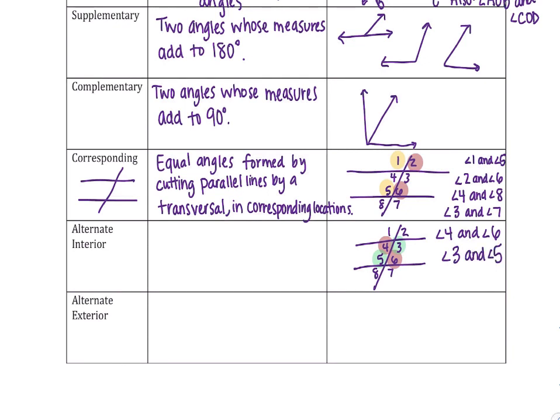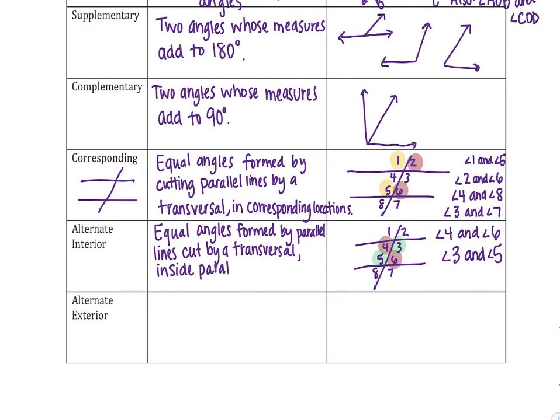So the formal definition here: they will be equal, formed by parallel lines cut by a transversal, inside the parallel lines, but on opposite sides of the transversal.